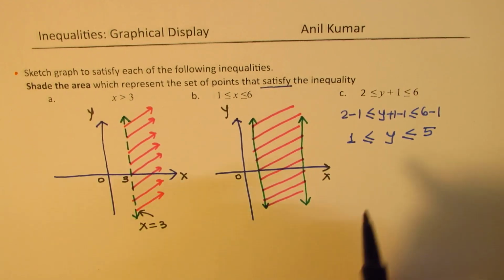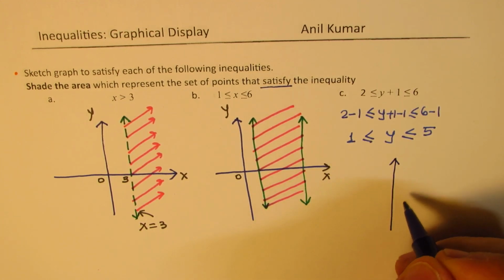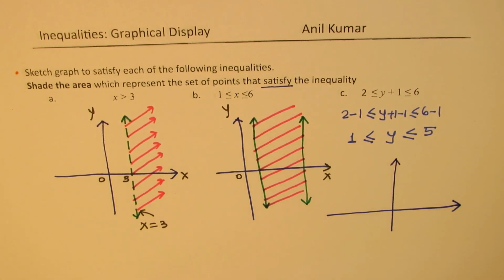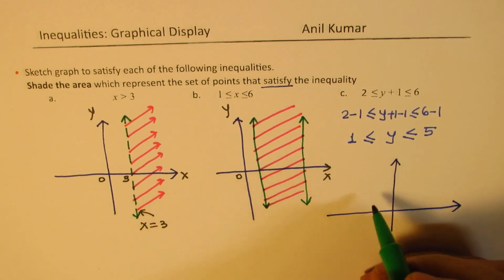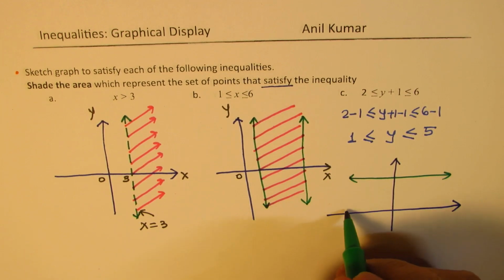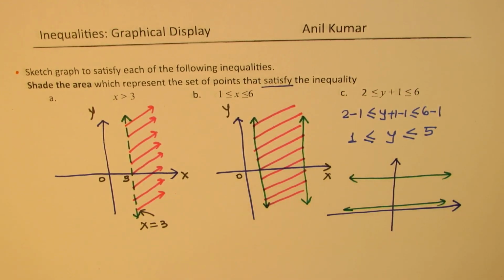And now we can actually shade this solution. So the value of y is somewhere in between 1 and 5, and both are included. So we'll draw a solid line representing y equals to 5 and another solid line representing y equals to 1.